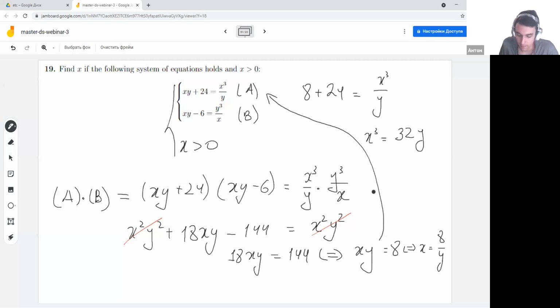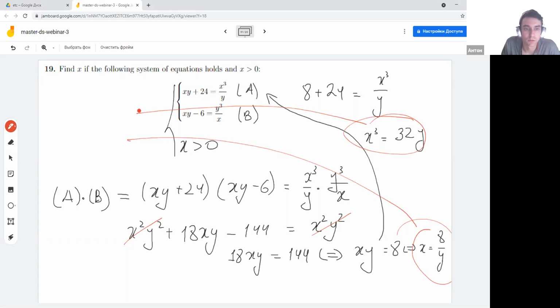So now I will combine these two equations, and I'll possibly do it here. Sorry for the chaotic use of the whiteboard.